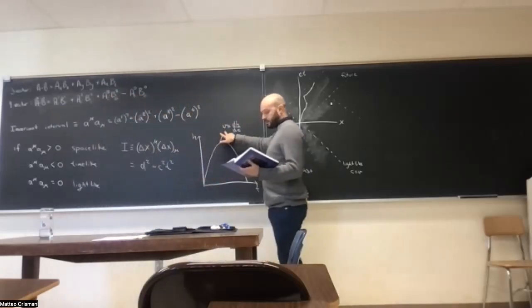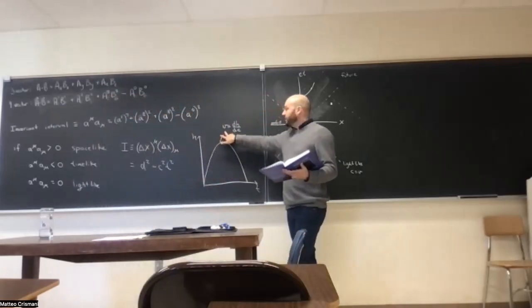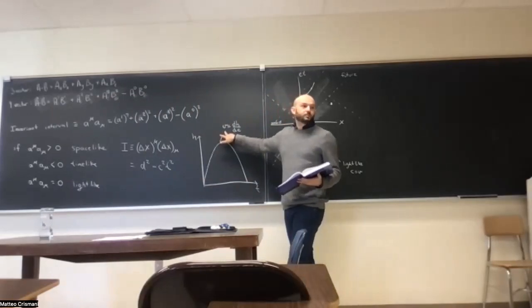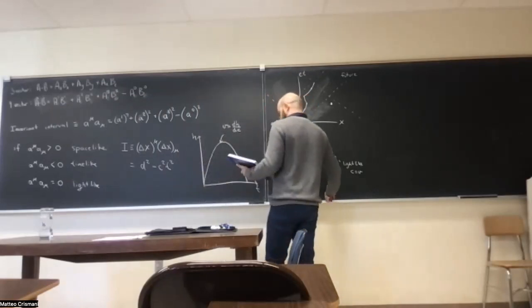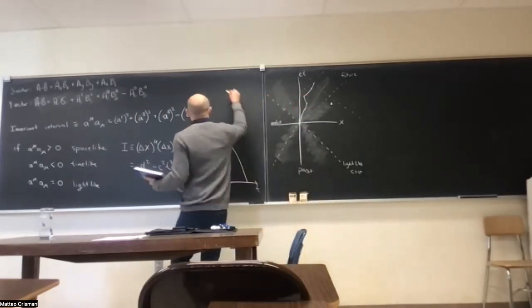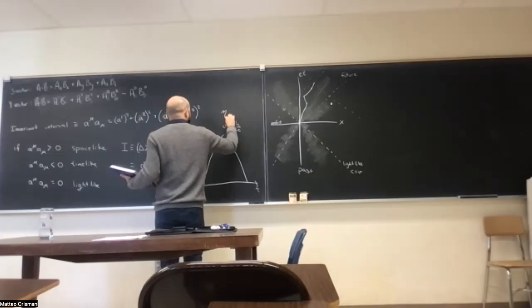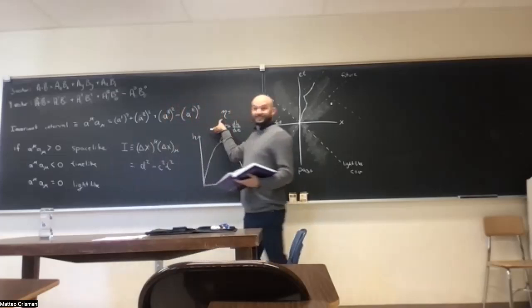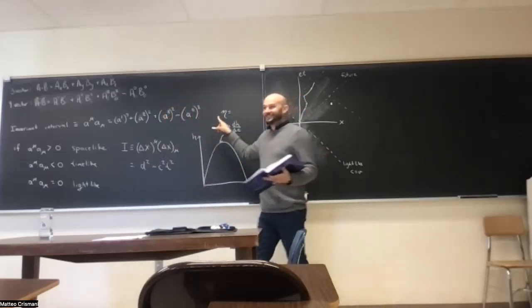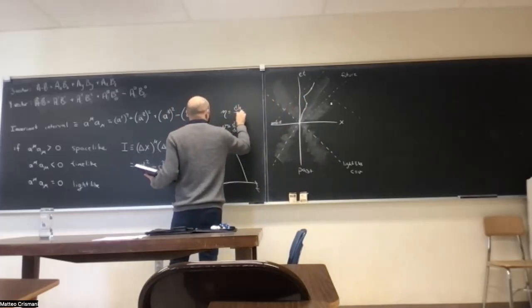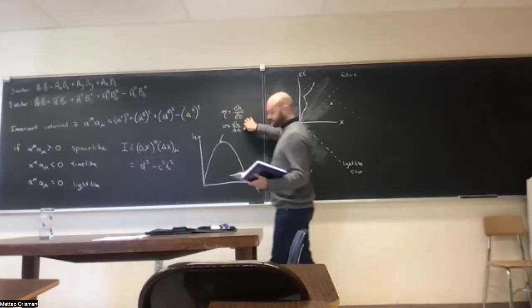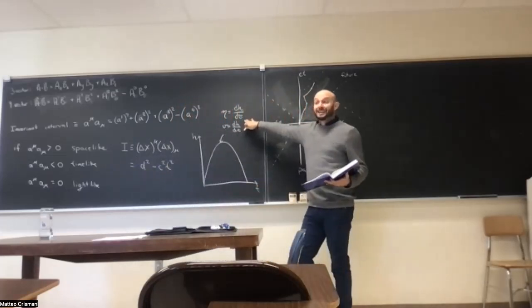Okay. So you're familiar with this one. This is what we call the ordinary velocity, because it's boring. And we're going to call this the proper velocity. One symbol. Okay, so this would be, in this example, the proper time.